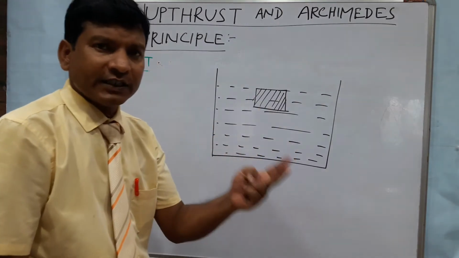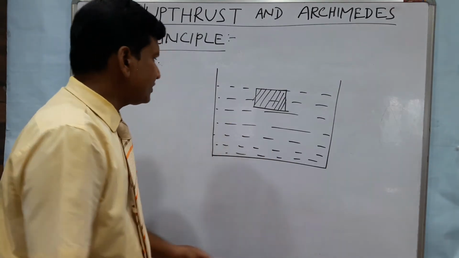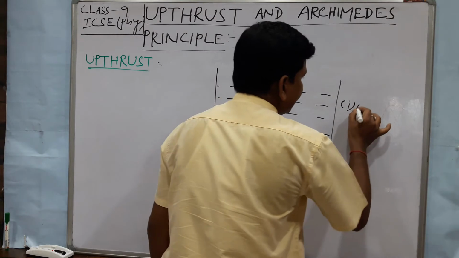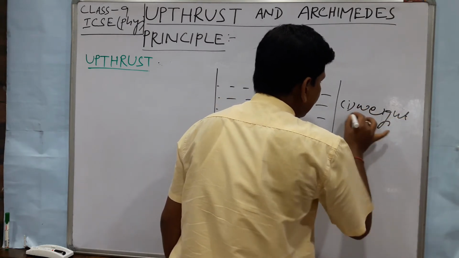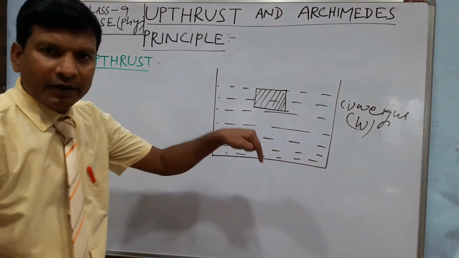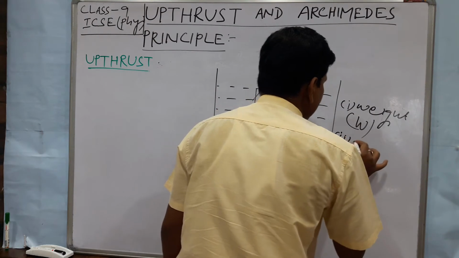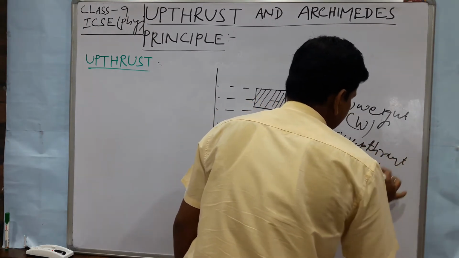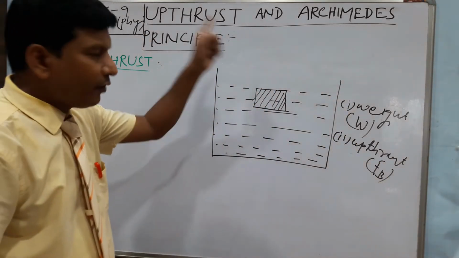There are two forces acting on the body. Which are these two forces? Number one is the weight of the body, that is W, which is acting in the vertical downward direction, and number two is the upthrust, which is acting in the upward direction.